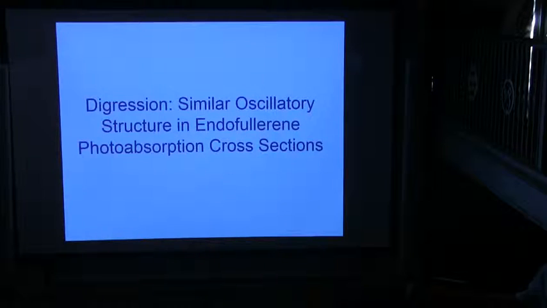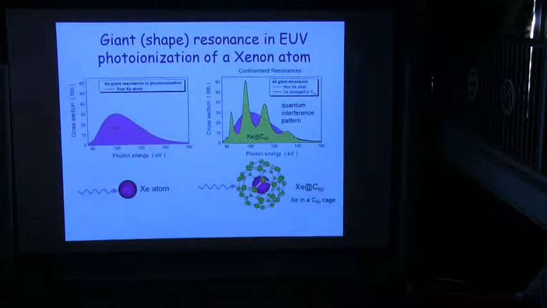Brief digression, because this is a theoretical experimental collaboration that we did recently, and it investigated a similar effect of the interference of electron waves from multiple scattering centers, and that is photoabsorption of endofullerene atoms.